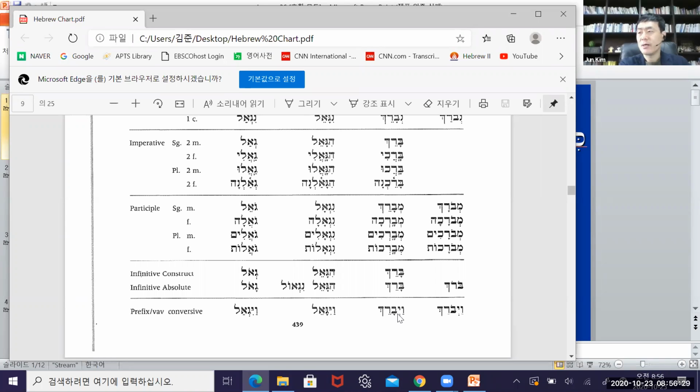Is that clear? Okay. But one more time, in case of strong verb PL, it's not a big concern. Why? Because we can have dagesh forte in the middle, right? In that case, it's not a big problem. But the problem is middle guttural letter. Middle guttural verbs will not take dagesh forte. Then how are you going to see the difference between kal and PL? That's why you need to pay attention to the vowel point, the preceding vowel point before the middle guttural letter.